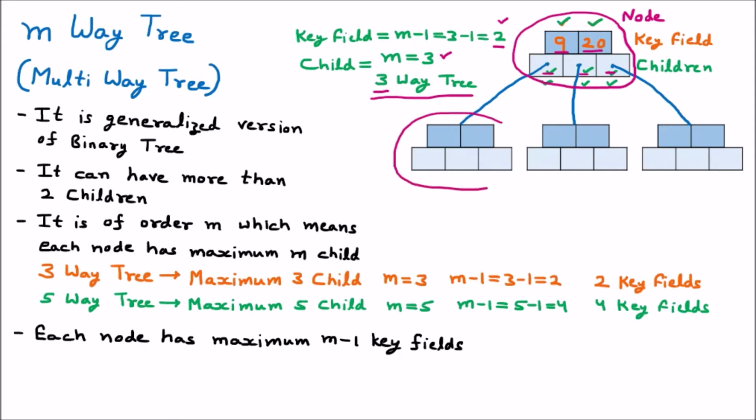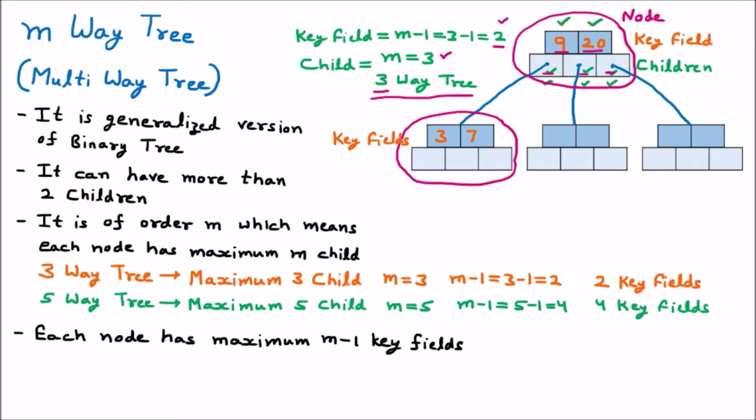Let us suppose that we are taking this node and we are assigning some values here. The values can be like 3 or 7. Now we know that these values are nothing but the key fields. So we can say that these are the key fields of this particular node.